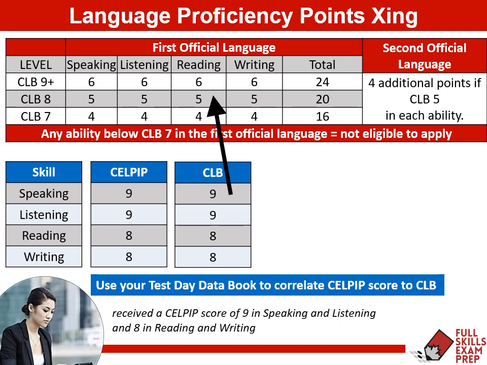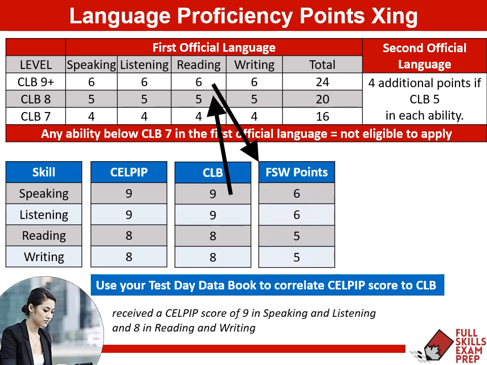Now we have to take that step of looking at the CLB score in relation to the amount of points that she gets in her first language. In Shing's scenario, they only talk about her score in CELPIP, so we wouldn't even think about a second official language, which makes the question a little bit easier. So now we have to link CLB to those points.